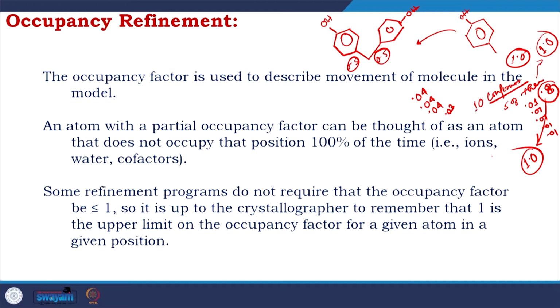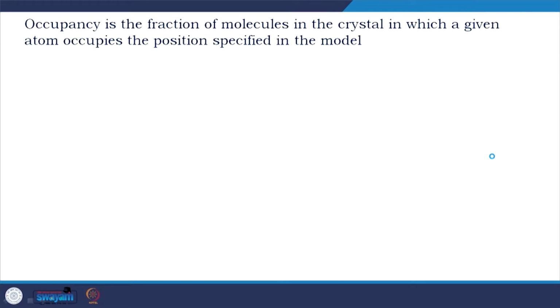Some refinement programs do not require the occupancy factor to be less than or equal to 1. So, it is up to the crystallographer to remember that 1 is the upper limit on the occupancy factor for a given atom in a given position. We have already discussed that. Occupancy is the fraction of molecules in the crystal in which a given atom occupies the position specified in the model.